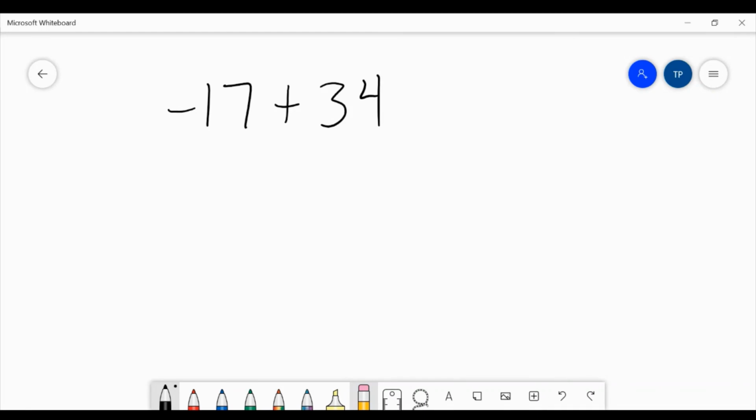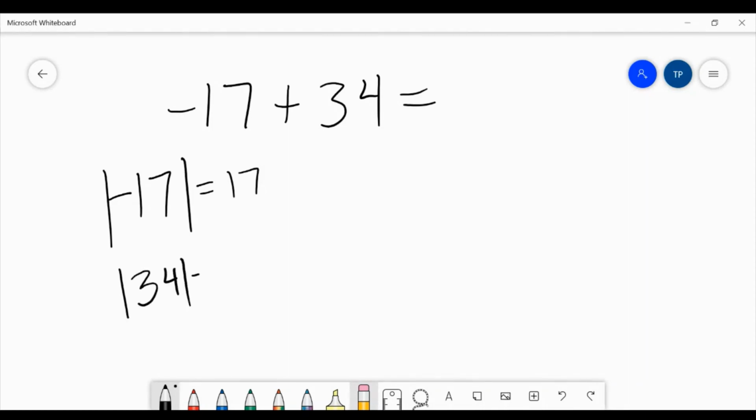So sometimes just using the basic method, which in this case would be taking the absolute value of each one of these numbers, right? If I took the absolute value of negative 17, I'm going to get positive 17, correct? Now I can look at my next number, 34, which is a positive, and I'm going to take the absolute value of that, which stays positive 34.